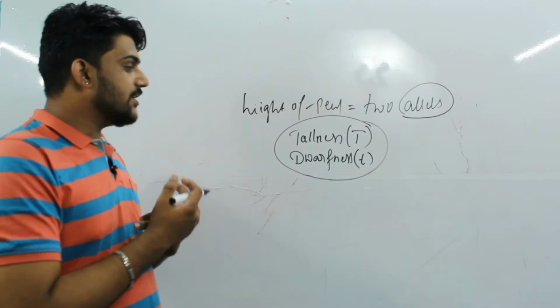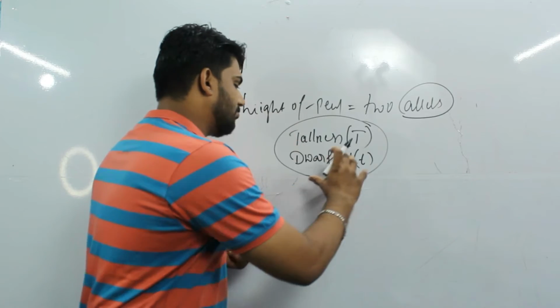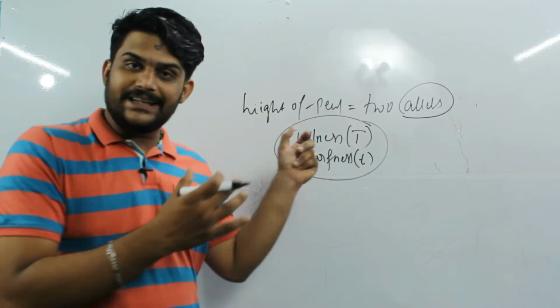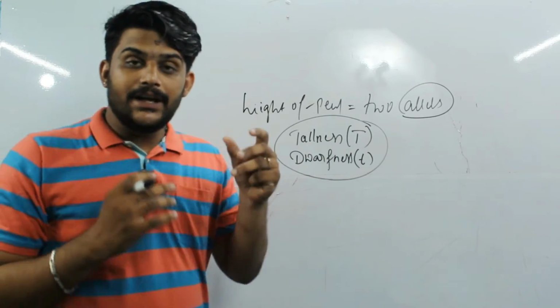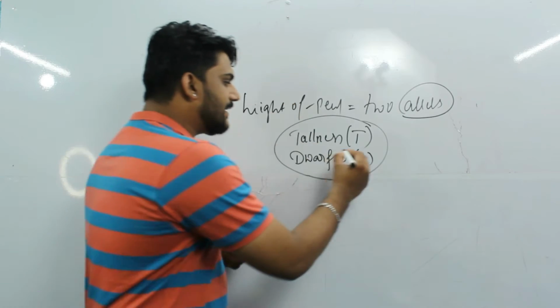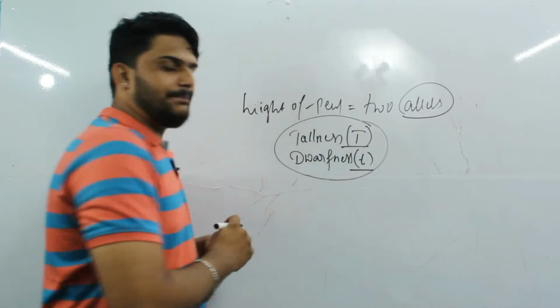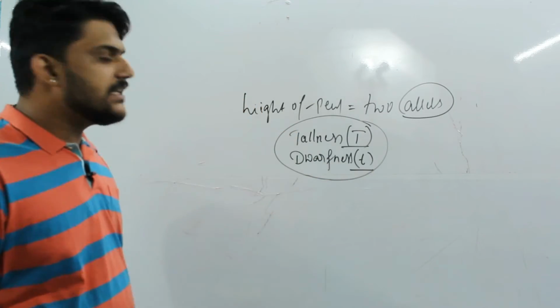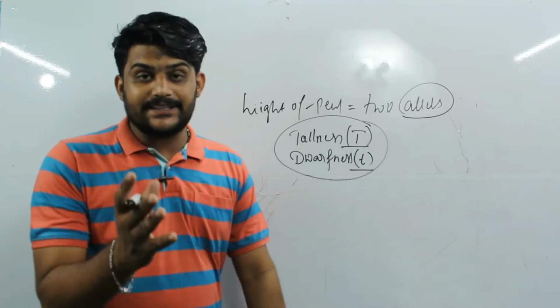All this information I am giving you in the beginning was written by Mendel after his experiments. So remember these two alphabets, capital T and small t, which represent tallness and dwarfness respectively.